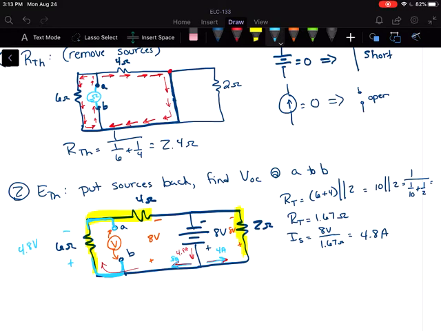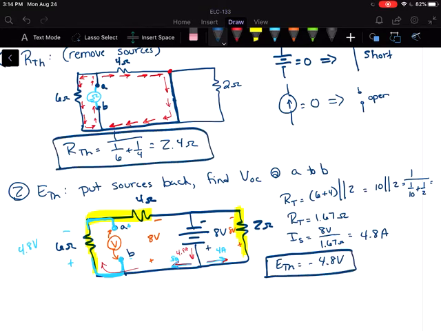But notice I've got A here and B here. When I have A at the top and B at the bottom, that means that I'm assuming that this is positive and this is more negative. And it's opposite of that. So E Thevenin in this case is actually negative 4.8 volts. Now that doesn't make a big difference to anything except the direction that I'm going to draw my voltage source in for my Thevenin equivalent circuit.